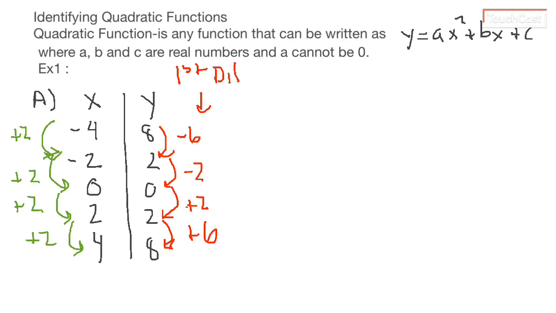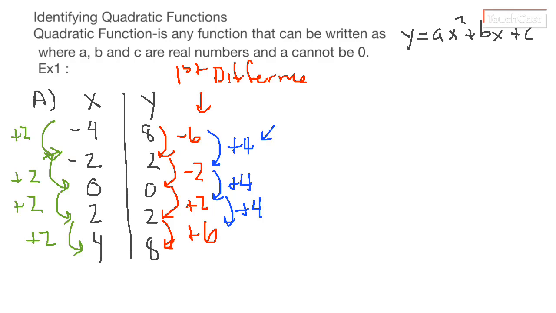So we're going to do what's called finding a second difference. What that means is we're going to take the first difference and find the difference between each of those terms. So from -6 to -2, we add 4. From -2 to 2, we add 4, and from 2 to 6, we add 4.